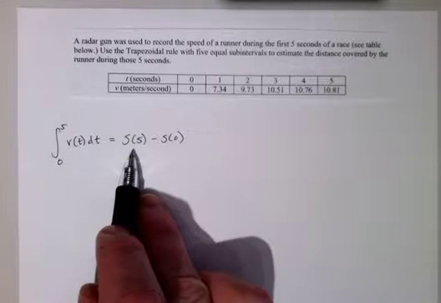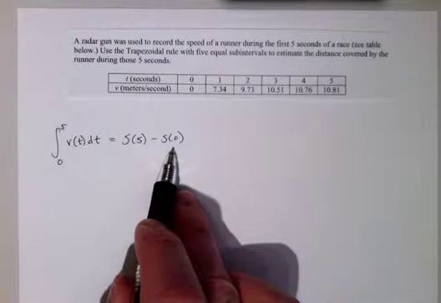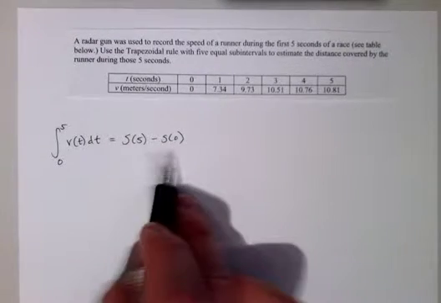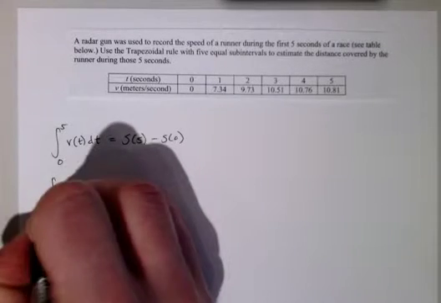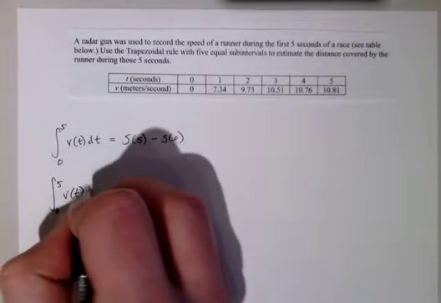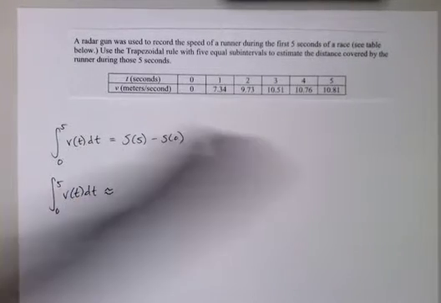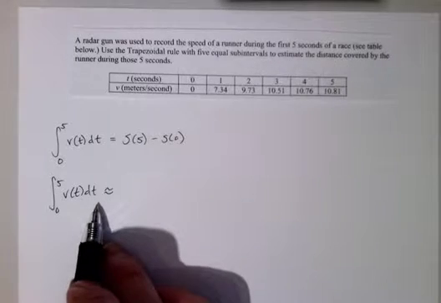Where are you after 5 seconds of running minus where you started? So this tells you how far you've run in those 5 seconds. And all you're doing with the trapezoidal rule is figuring out a way to approximate it. This is what it's equal to. We'll figure out what it's approximate to.